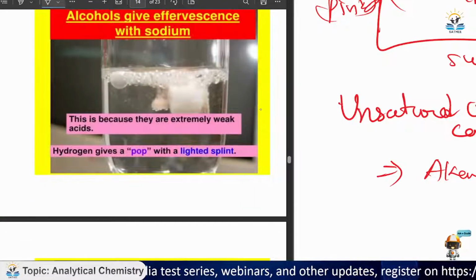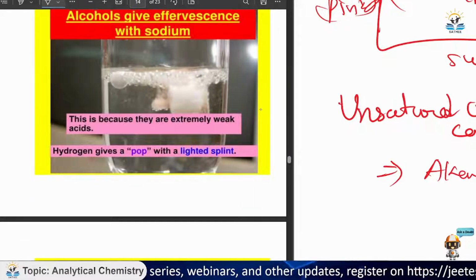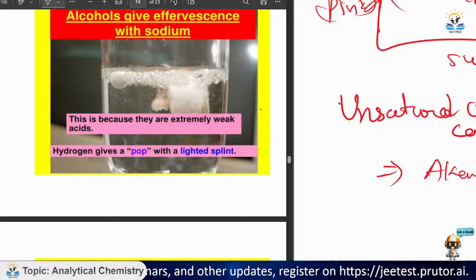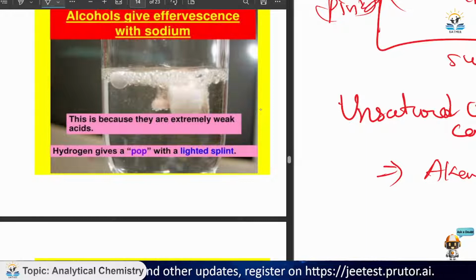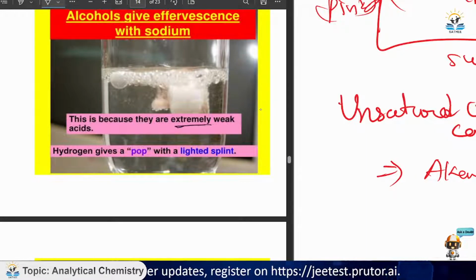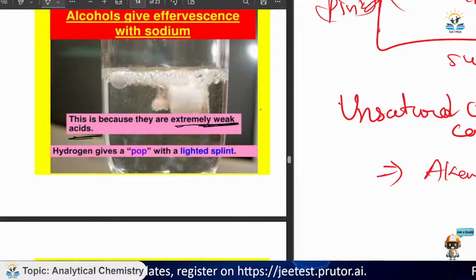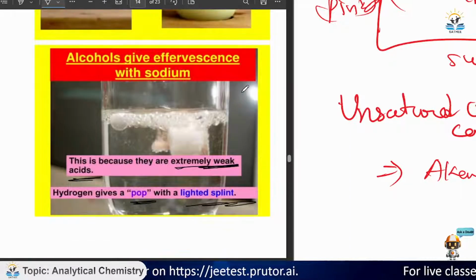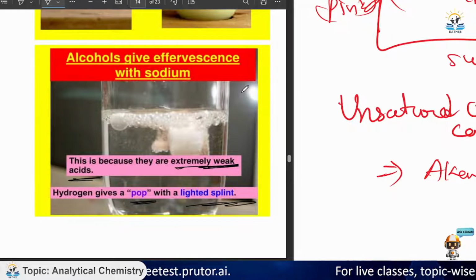Like if we see alcohols, alcohols give effervescence with sodium. As you know, sodium is a very highly reactive metal, and this is because alcohols are extremely weak acids. Hydrogen gives a pop with a lighted splint, so on reacting with sodium it will give a pop sound, maybe with a light and spark.